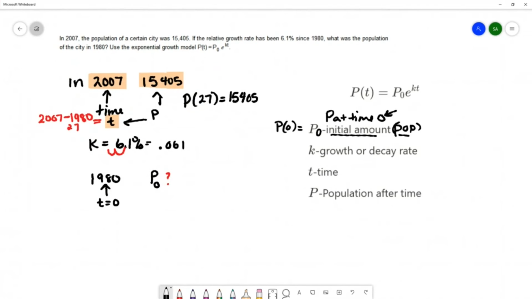So once again, our model is P of t equals P naught e to the kt, and P naught is our missing value. So we're going to leave that variable alone, and we're going to substitute in the other values.